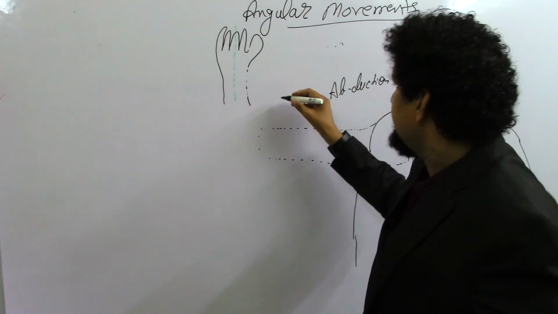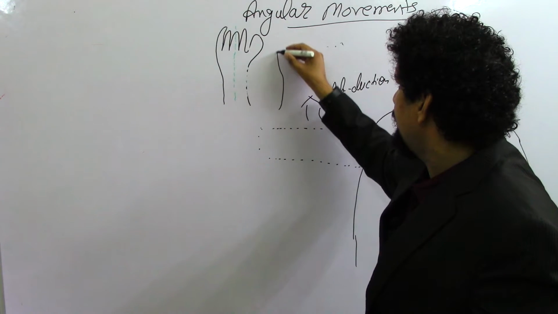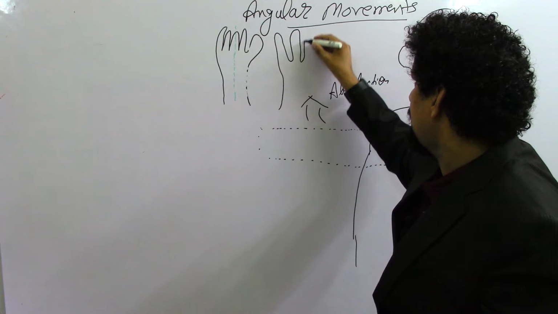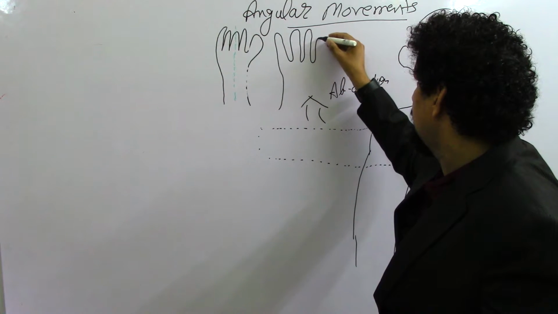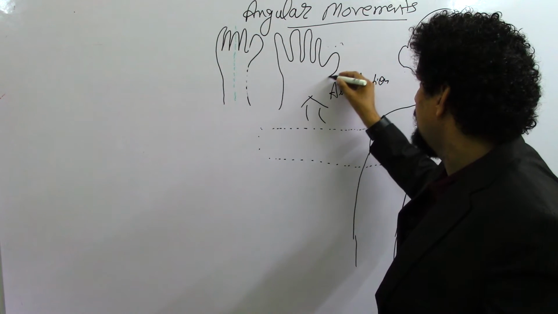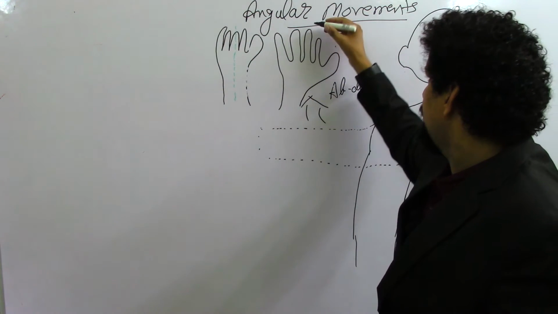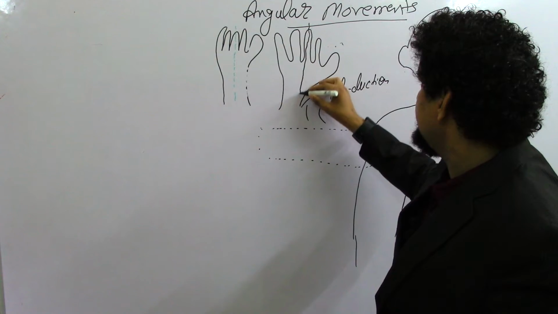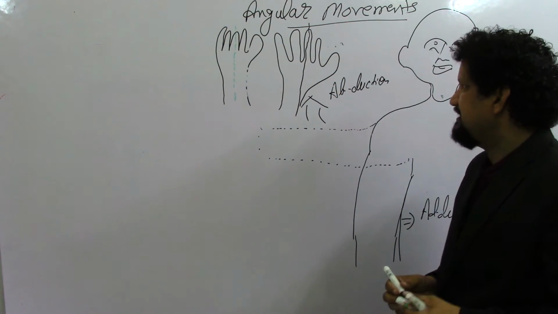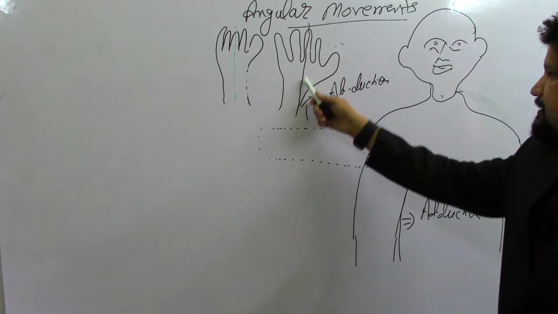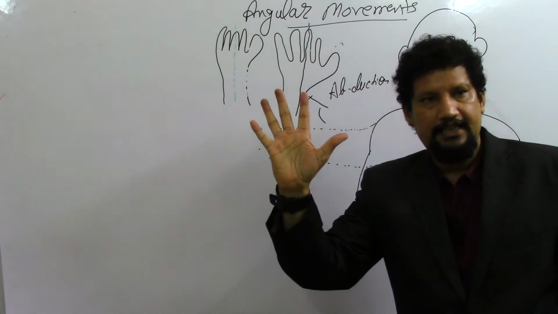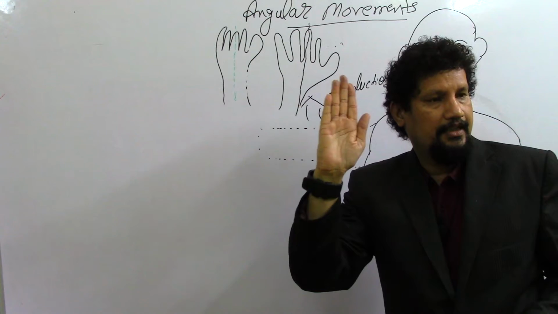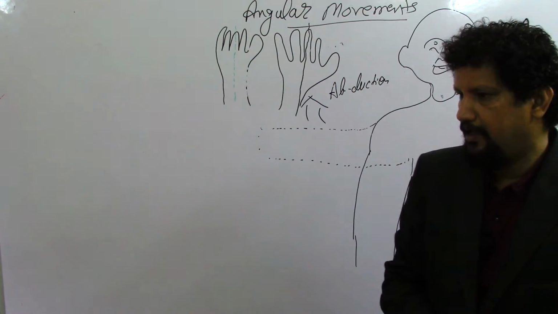So this is adduction, and here I will draw the abduction. The median axis of movement is this, passing through the middle finger. So this is the abduction and this is the adduction in the fingers of the hand.